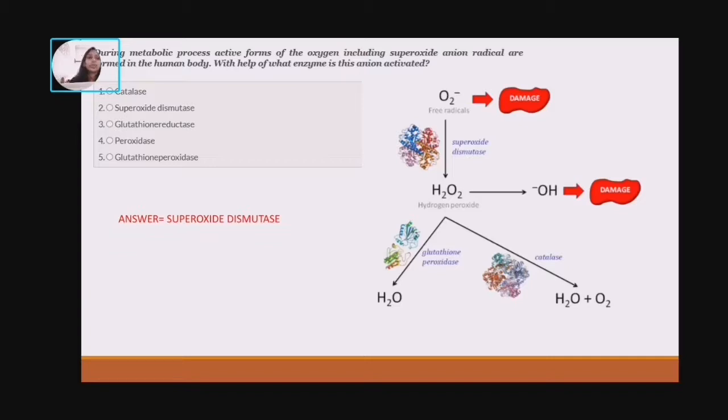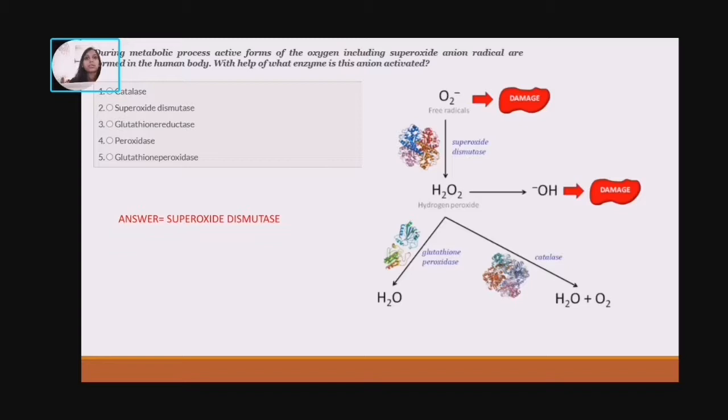First of all, free radicals are not good for our body. They can damage our cells. But free radicals can be converted into hydrogen peroxide with the help of an enzyme called superoxide dismutase. Hydrogen peroxide can be further converted with glutathione peroxidase and catalase.